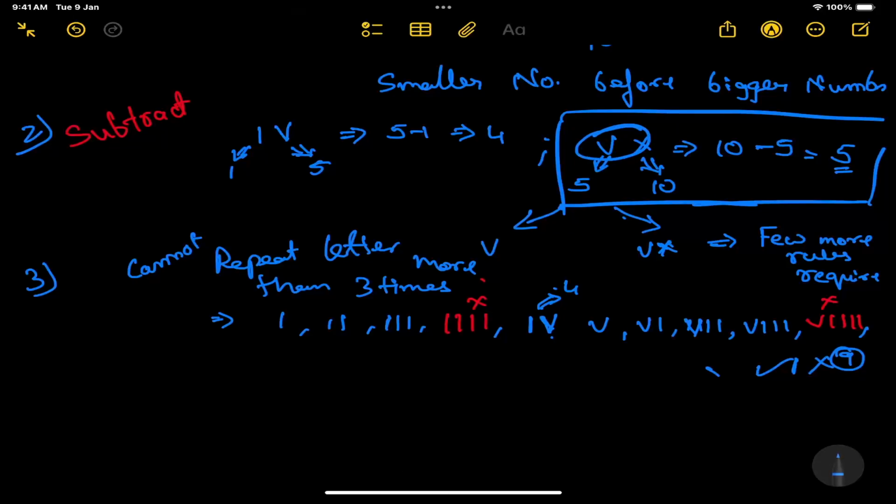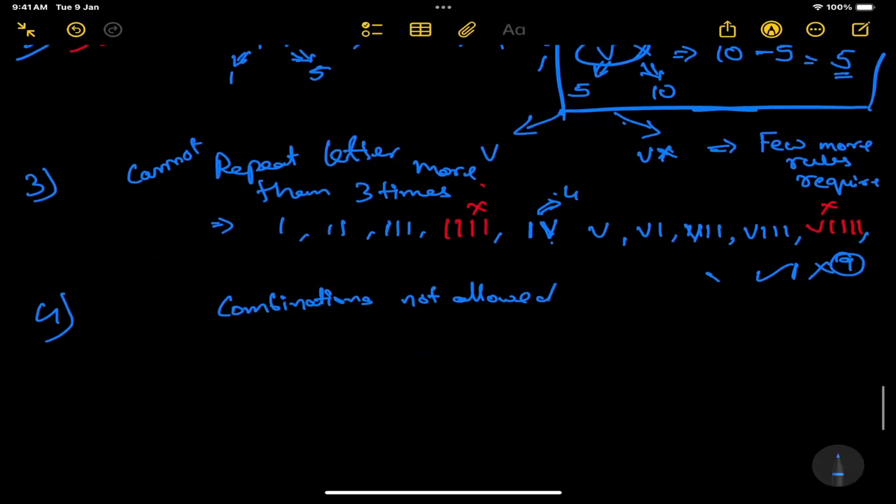There are two ways to write it, right? So here comes rule number 4, where certain combinations are not allowed. What are these combinations? First, you cannot write this, the example which we took earlier. The second example is that L and C is not allowed.